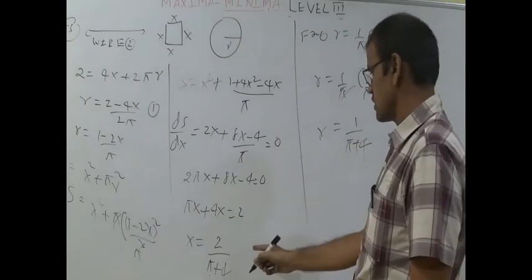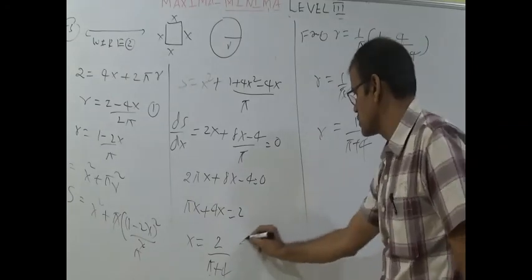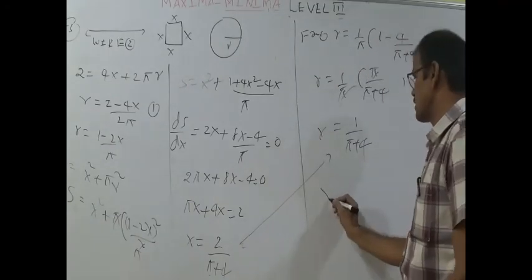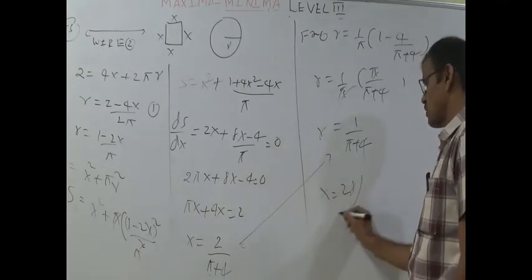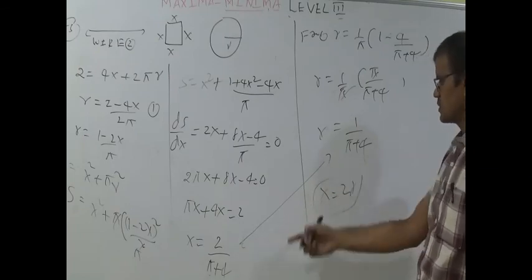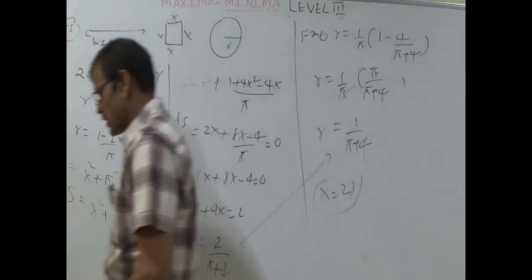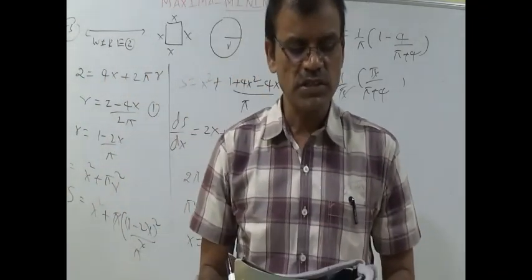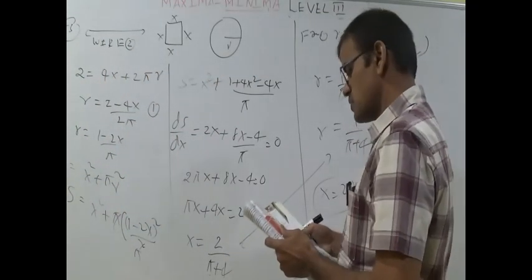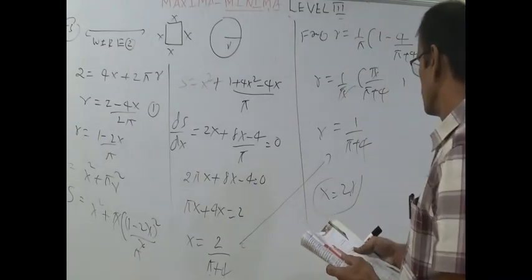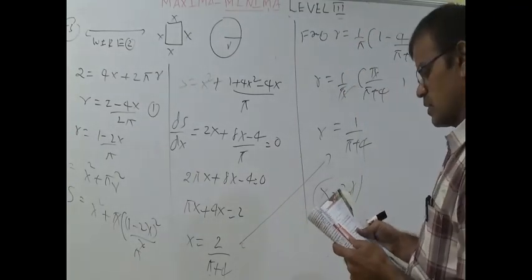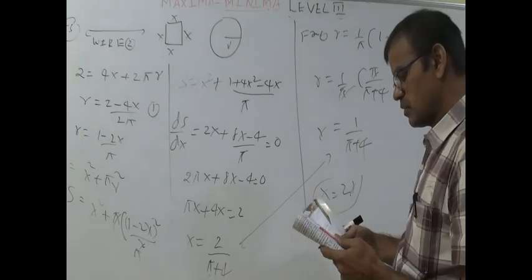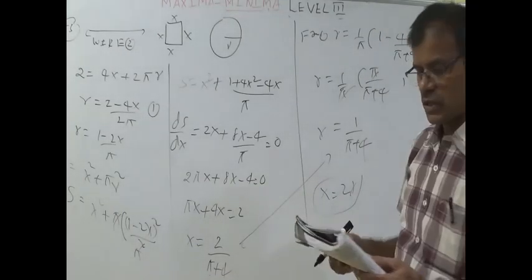So what is x here? Using these two equations, x is equal to 2r, because 2 into r is equal to x. Students, this is the previous mains question in 2016 he gave. x is equal to 2r we got, it is okay.